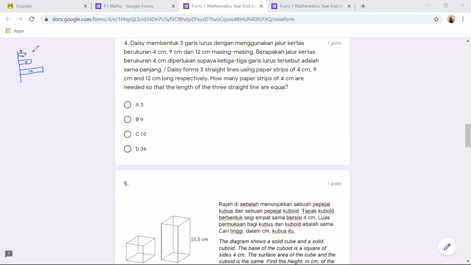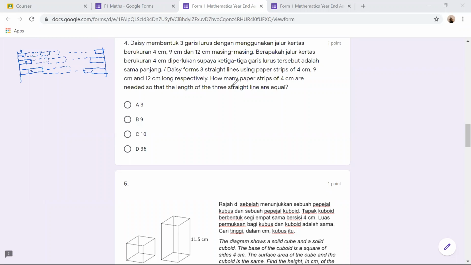Then we just add on to make a straight line. 4 cm, just add on to make a straight line. And 9 cm also the same thing. We just add on to make 1 straight line. 12 cm also the same thing. Now our objective is that they will have the same length at the end. This is what it means.